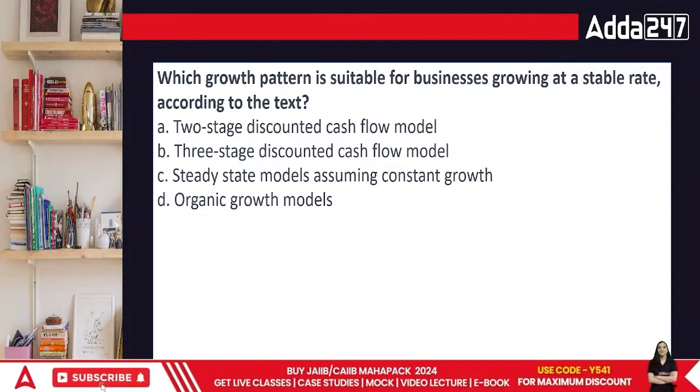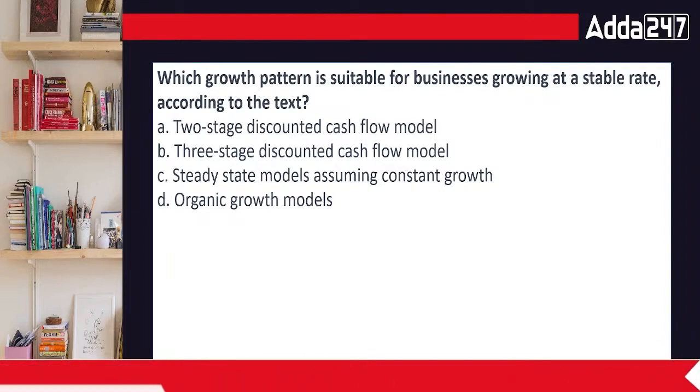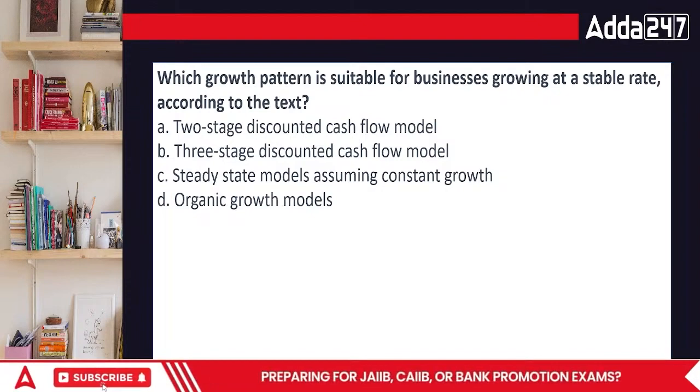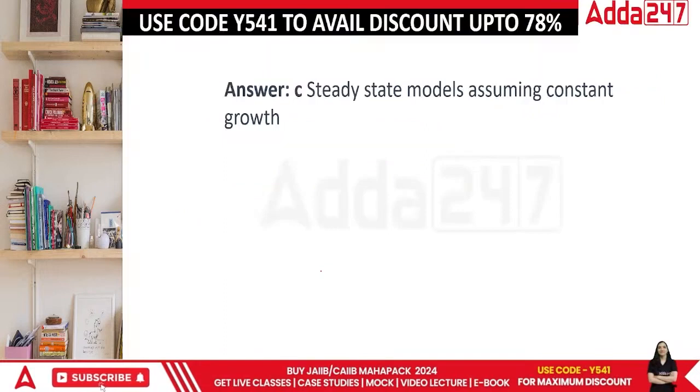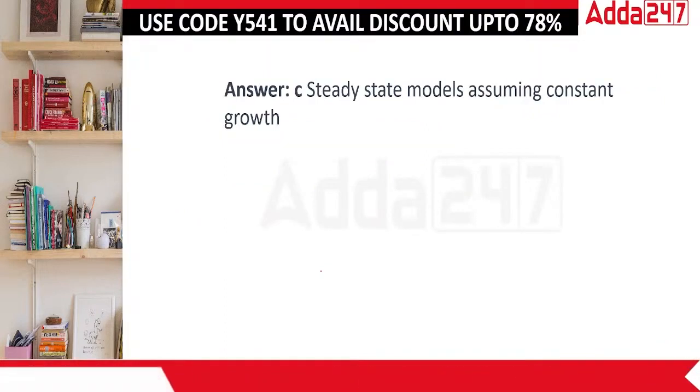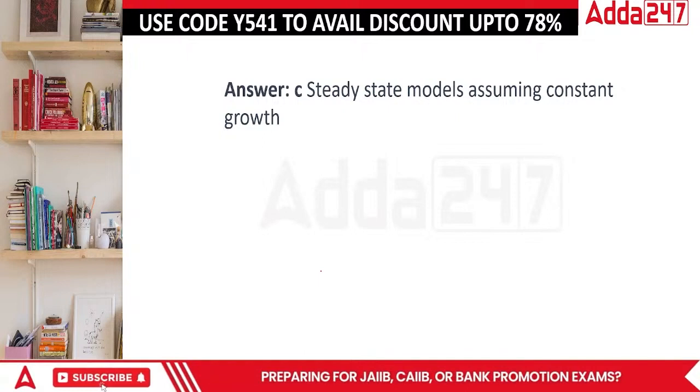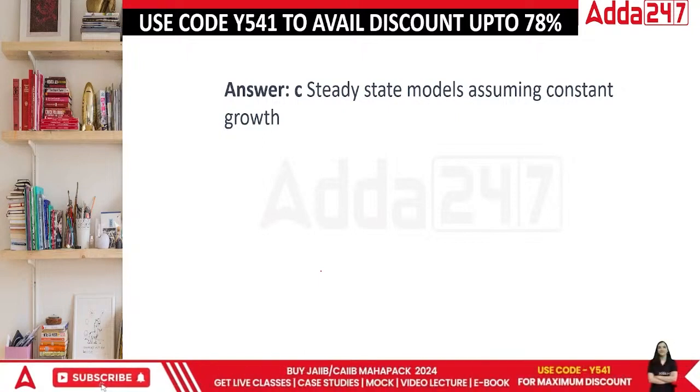What would be the answer accordingly? The answer in this case would be steady growth model. You're assuming constant growth. Even in the book, they have given assumptions regarding the same as well. The assumptions should be read by you because they can ask you questions based upon this area.